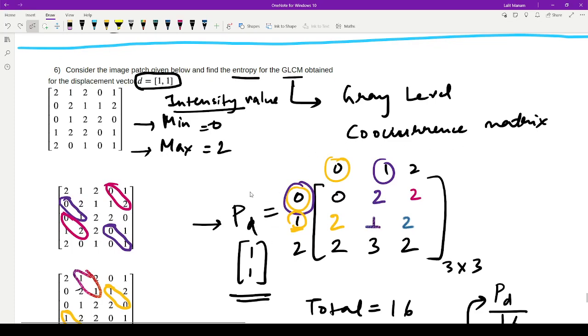So what is this P matrix? It is the co-occurrence matrix, right? So it is not the pixel values out there. It is the co-occurrence matrix. So if you use the co-occurrence matrix in the specific case, that means all of these combinations are occurring out there. If all values are similar, all of these combinations are occurring. If all of the combinations are occurring, that means there is too much variation in this specific image.